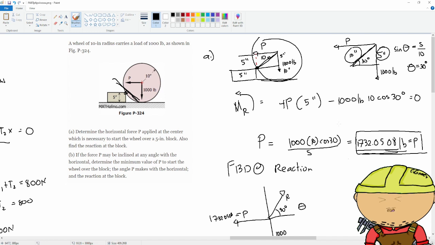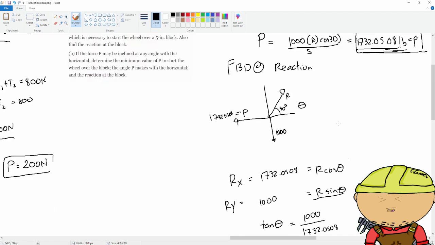If the force P may be inclined at any angle, that's going to be hard. Determine the minimum value of P. P minimum starts with the wheel over the block.